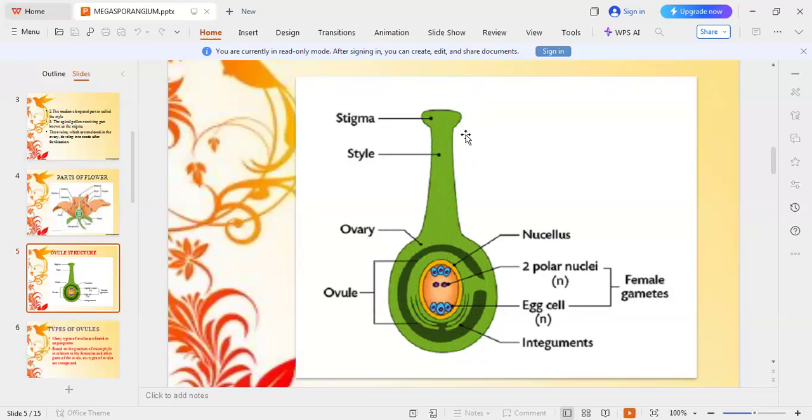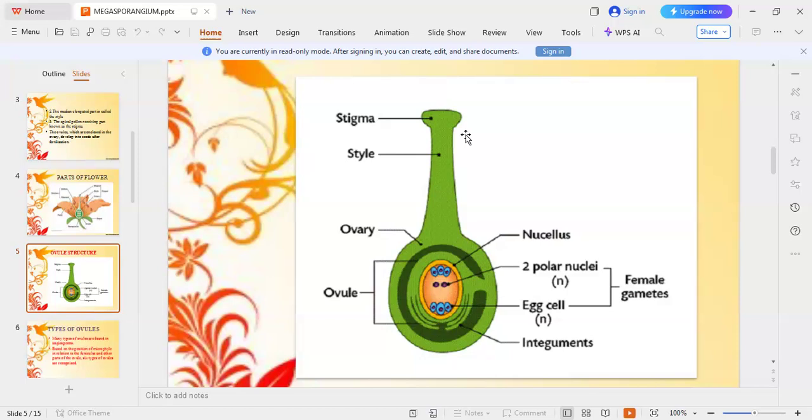The terminal portion looks like a bulb-like or knob-like structure, and it attracts the pollen grains. Some gelatinous and sticky chemicals are present in that area.